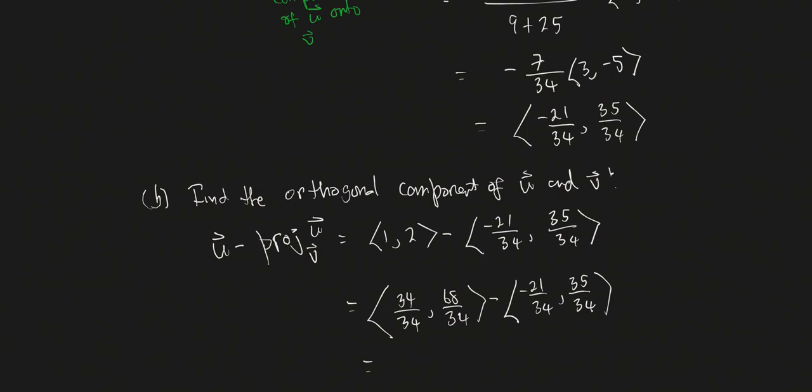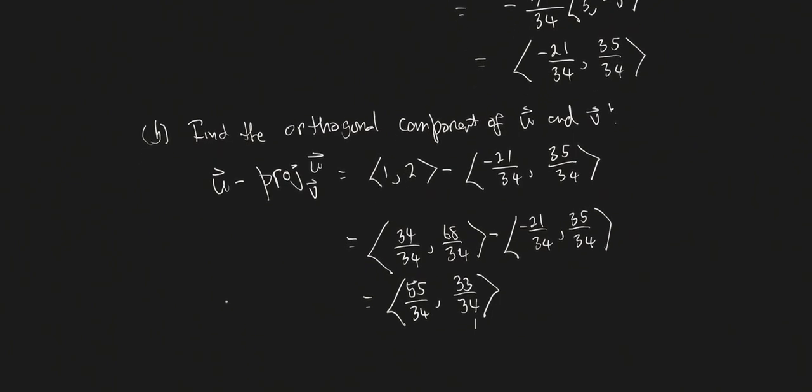Take the difference, so 34 minus -21, so that is 55 over 34, and then 68 minus 35, so what's that? That would be 33, so 33 over 34. So that is the vector that is orthogonal, the orthogonal component of the projection of u onto v, right?